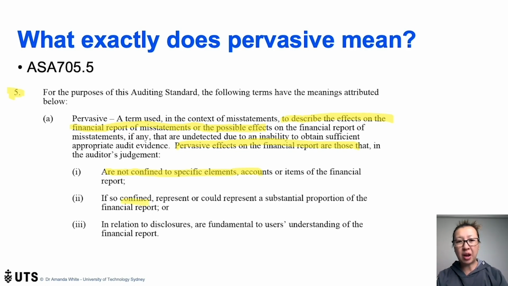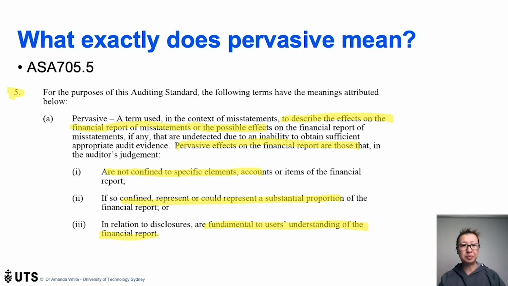If they are confined, could represent a substantial proportion, really, really big, or if it's just disclosures, are fundamental to users' understanding of the financial report. So if it's missing lots of key disclosures, we could also say pervasive. So think about the octopus, the whale, and the snail, and you should be right here when it comes to audit opinions and which of those types.